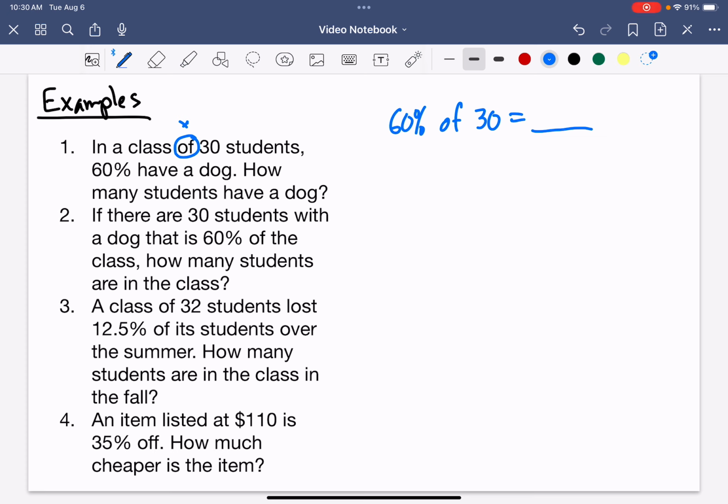So I can go with 0.6 times 30, and that is equal to 18. So 18 students have a dog.